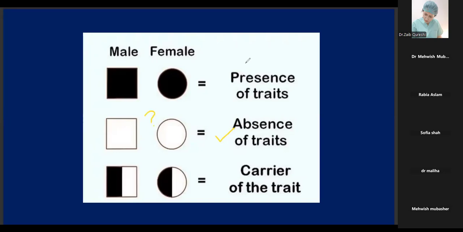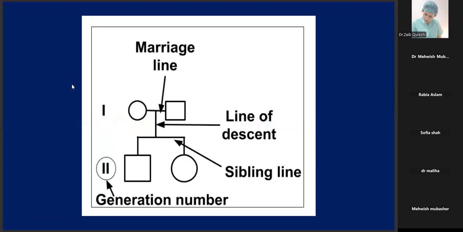In your charts, you are marking carrier people as disease-free people. Why? Because they don't show the trait. And how important is it for us to know about this? It is very, very important, because if they are carriers and they are passing on the disease to their children, we should know from where the disease is coming.